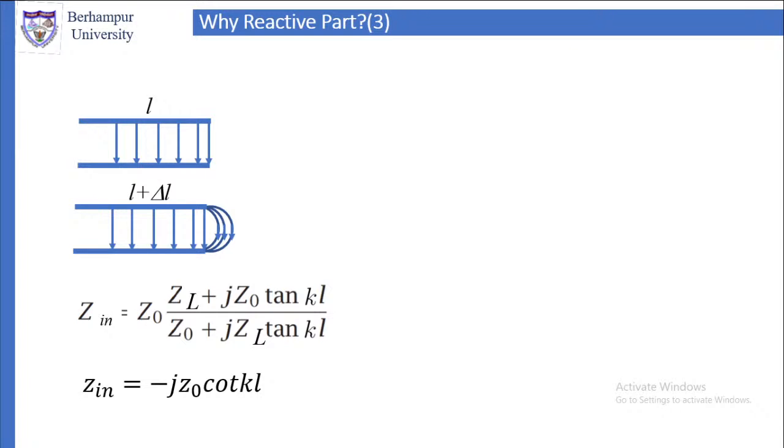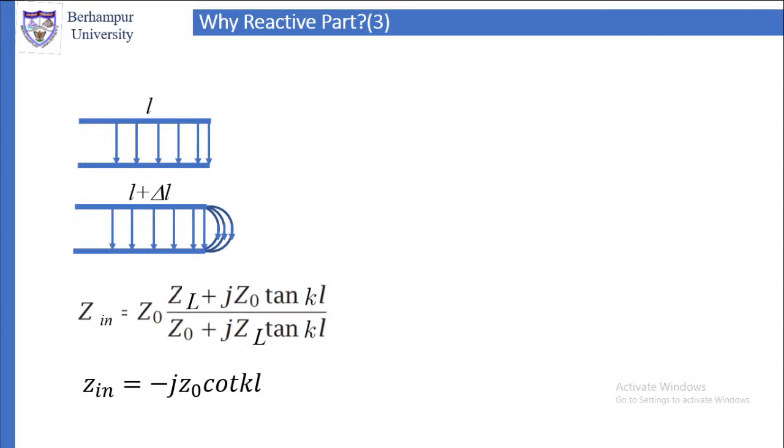Now for an open circuited line, if small z in is capital Zin by capital Z0, then in this formula small z in will be minus jz0 cot kl. This we have already seen. So z in is equal to minus jz0 cotangent kl.